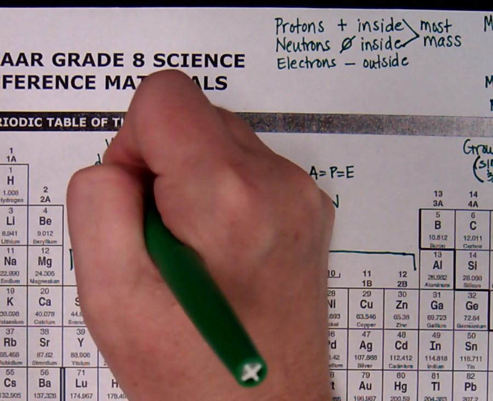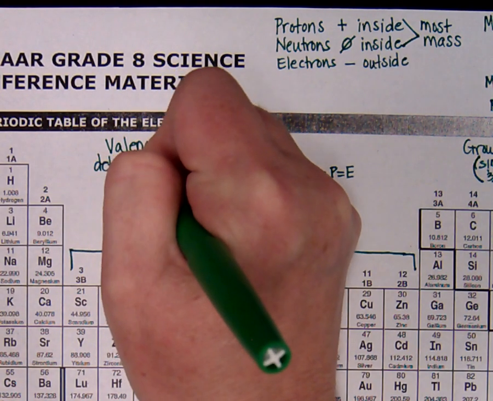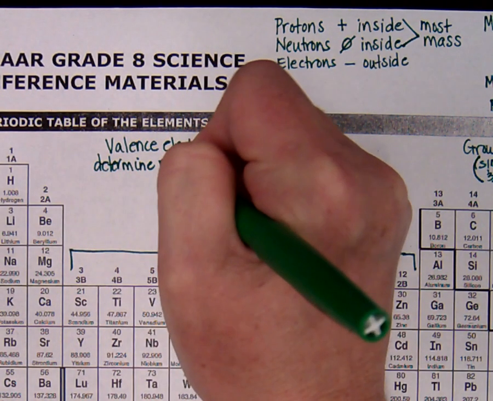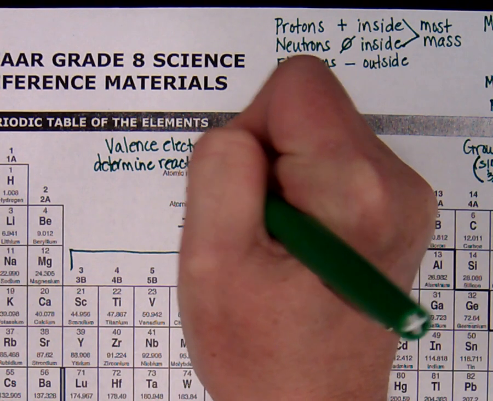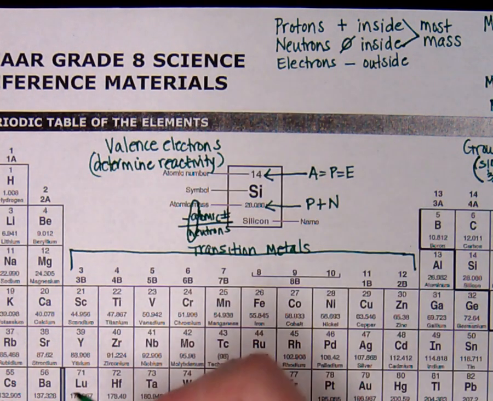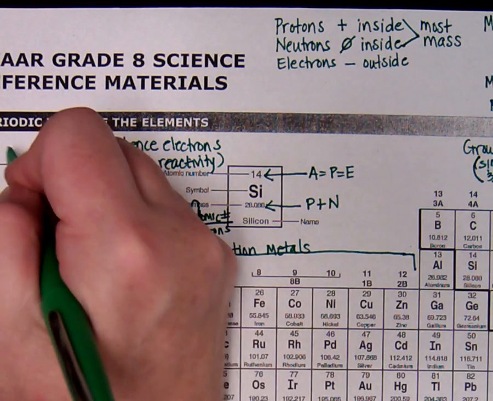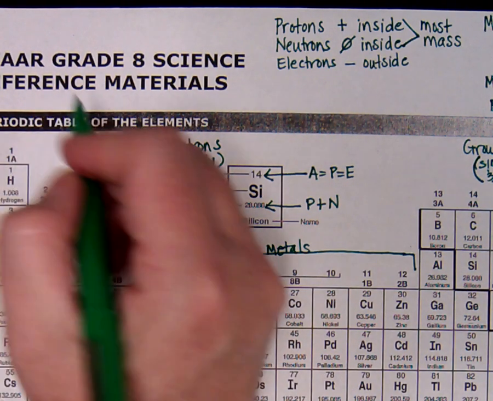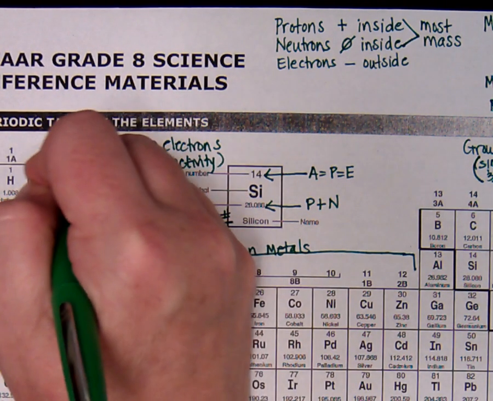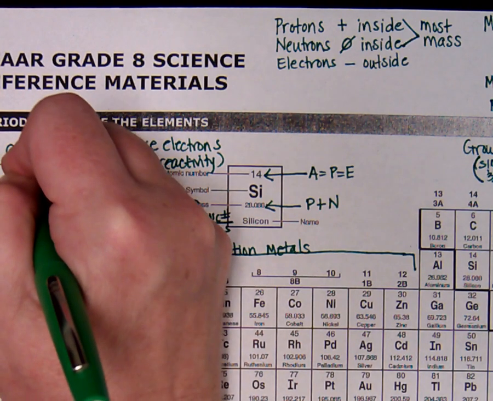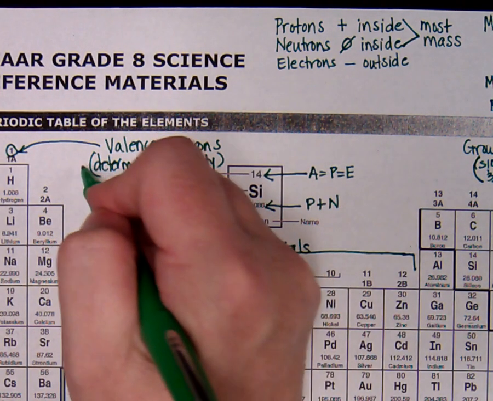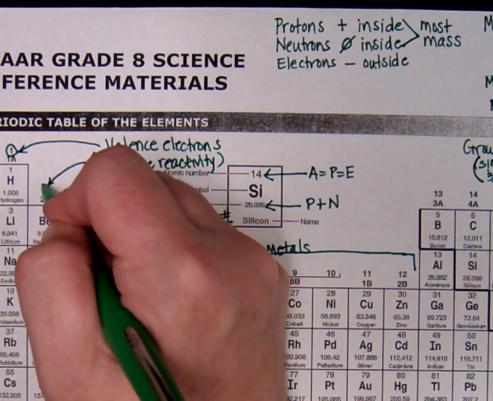They show us reactivity. So, valence electrons for group 1 is 1, group 2 is 2.